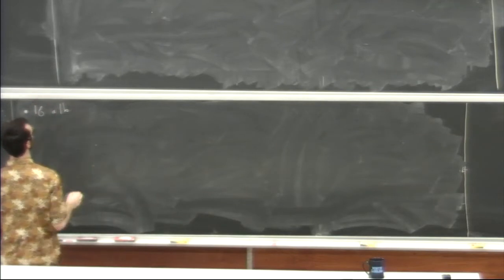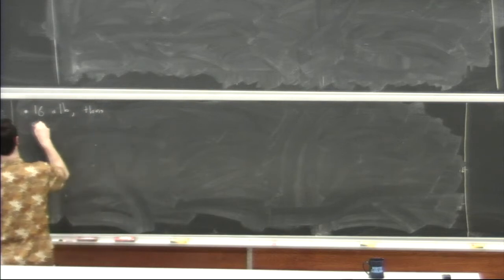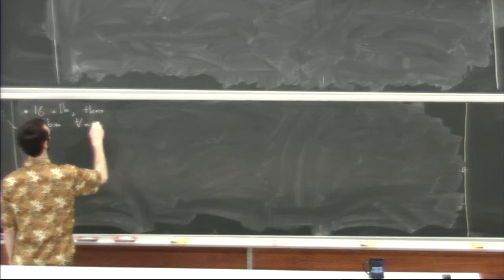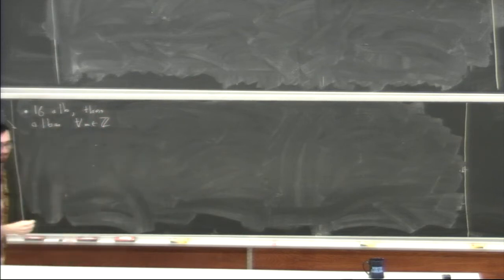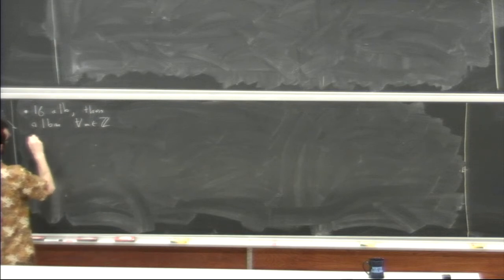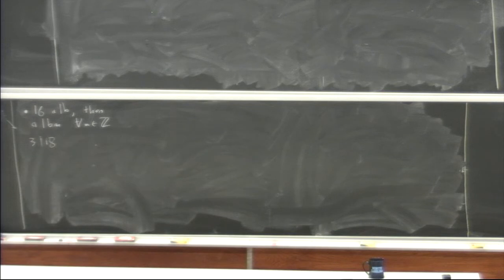Next part of the theorem is that if a divides b, then a divides bm for all m in Z. This is just saying, let's do 3 now. 3 divides 18, which we know is true, because 18 is equal to 3 times 6.